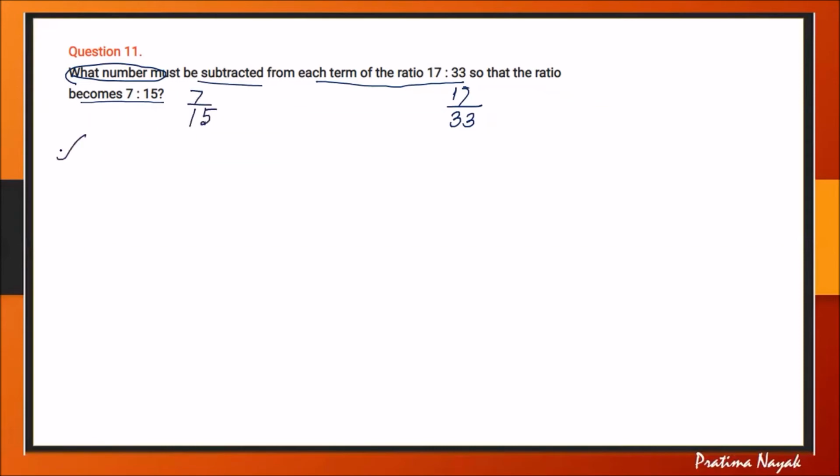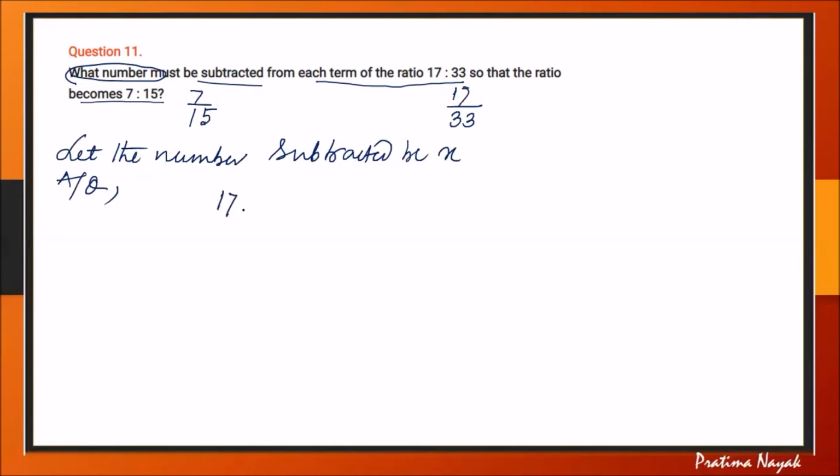So let the number to be subtracted be x. Then according to the question, 17 minus x upon 33 minus x is equal to 7 by 15.